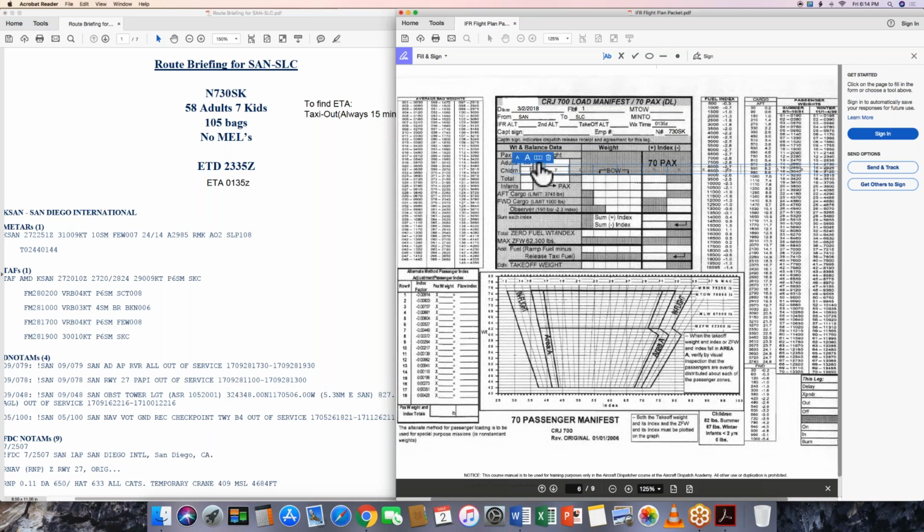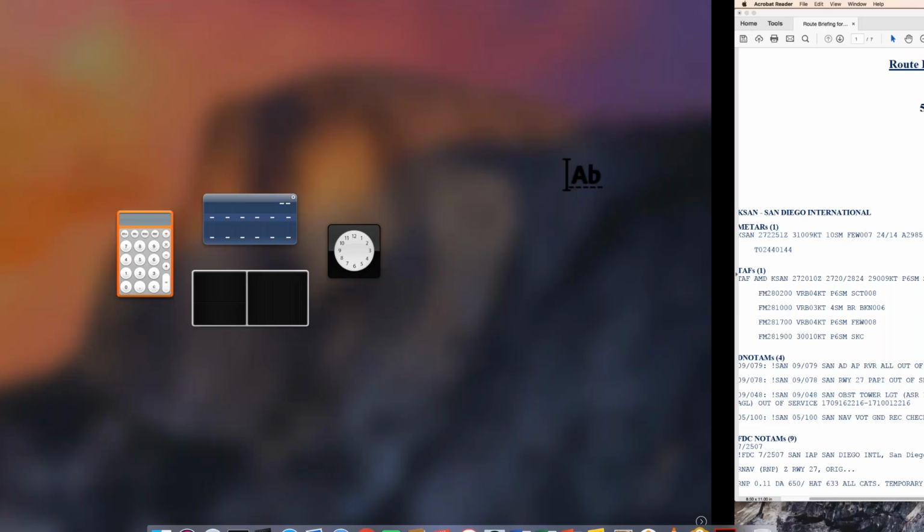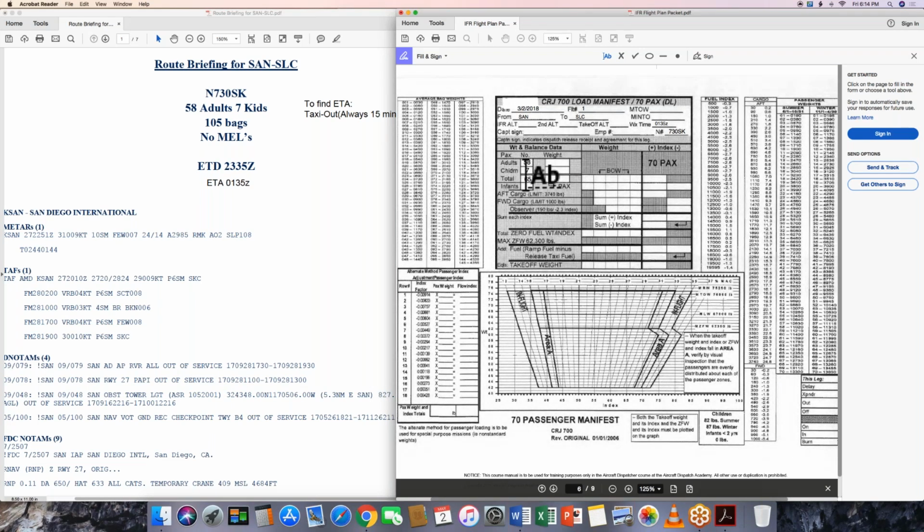Does everybody see where I got these numbers? Yes. Top of the other page. Okay. Just want to make sure we're not losing anybody here. So 58 plus 7, that gives us 65 passengers, right? We don't have any infants.